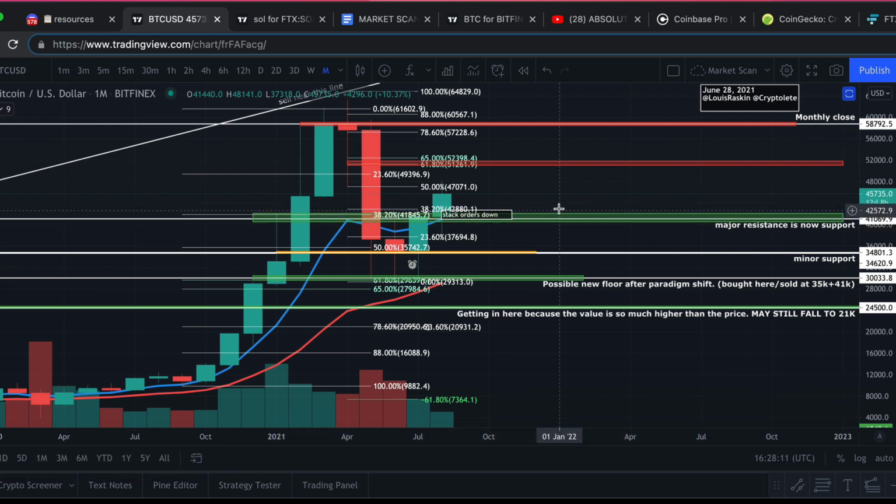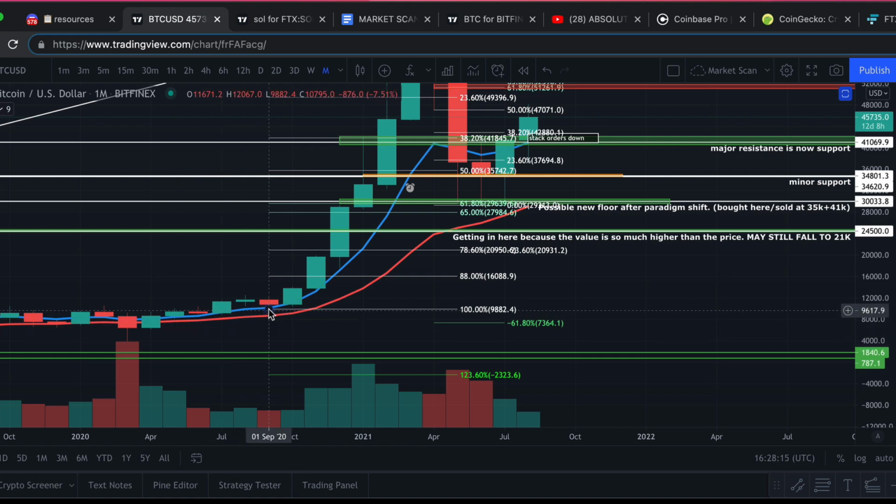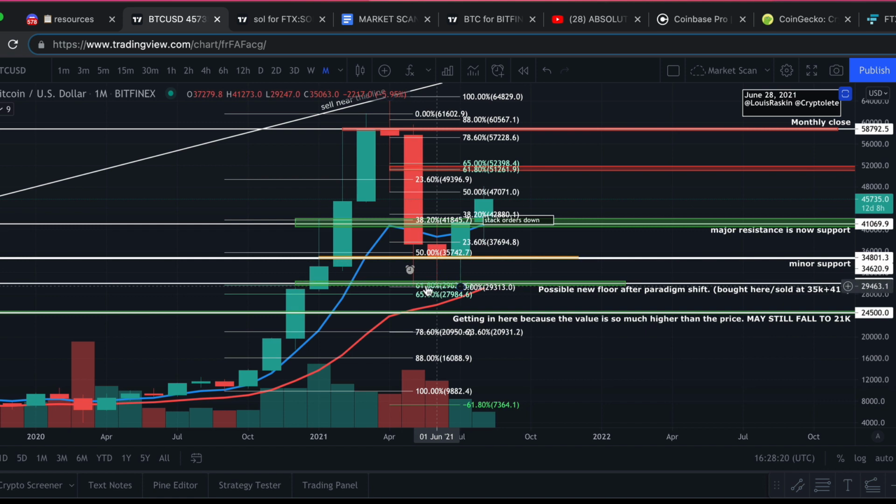On the monthly, basically, from the low to the high, we came back down, hit the 61.8, bounced back up, and now we're at the 50%. Usually, if we go past the 38.2, we go all the way up to the 61.8.